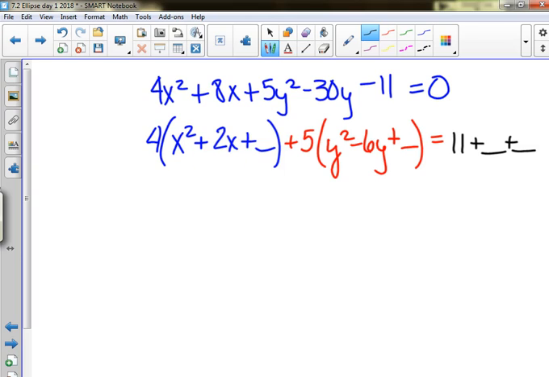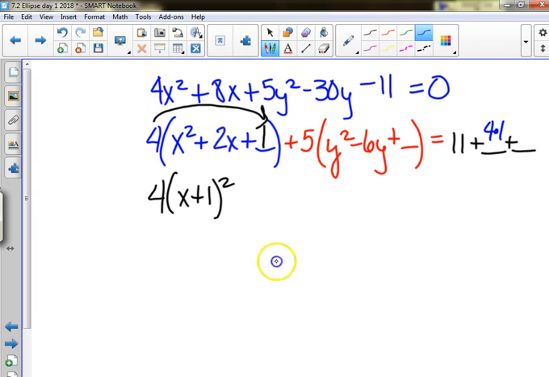All right, now what? x plus 1 quantity squared puts this as a 1, but when I add it to the other side, because that 4 was still out there, I have 4 times 1. Some people just write it as 4 times 1, so they remind themselves where it came from, but I don't care.